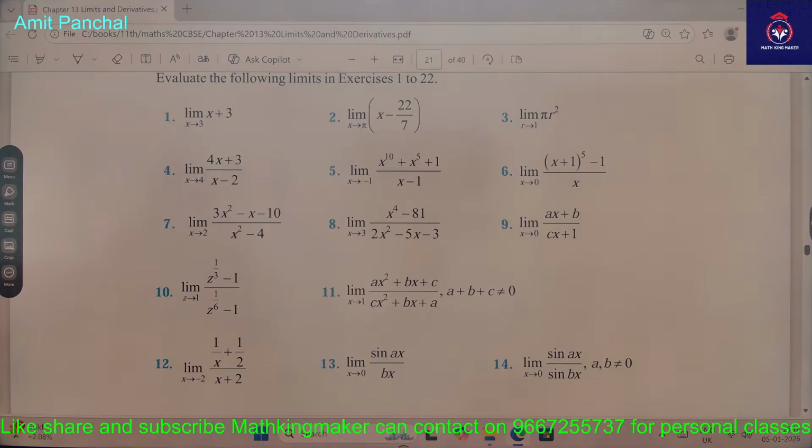So are we getting that x to the power n minus y to the power n, a to the power n form? Yeah. So we use the formula then. Yes.